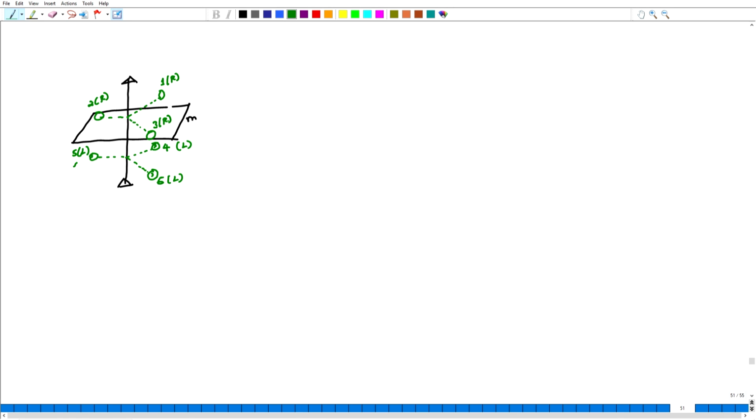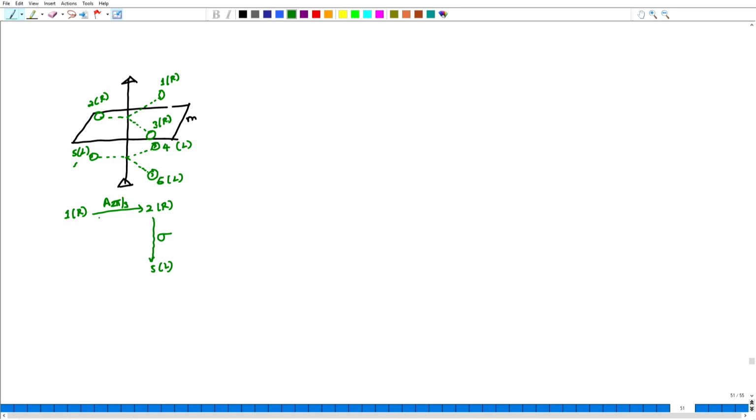Now, let us take one particular situation where motif 1 right handed goes to motif number 2 right handed through an operation of 120 degrees, 2 pi by 3, and 2 goes to 5, which is left handed, through a reflection operation.